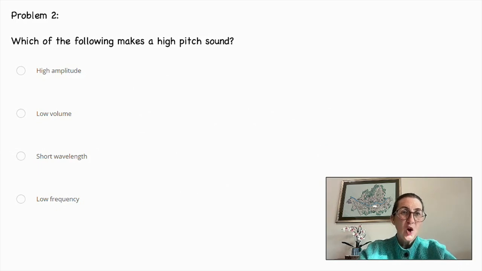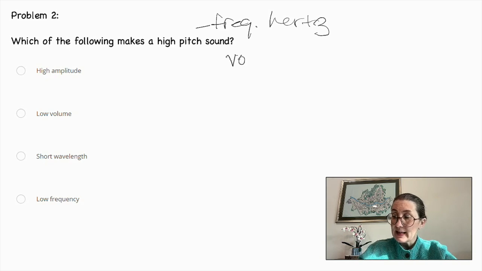Problem number 2. Which of the following makes a high pitch sound? So pitch is frequency, and that is measured in hertz. Volume is loud or soft, and that is measured in decibels.